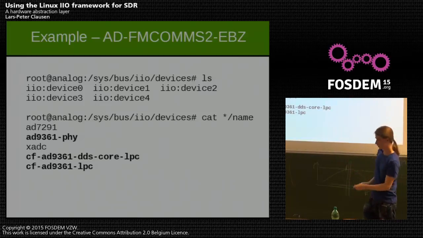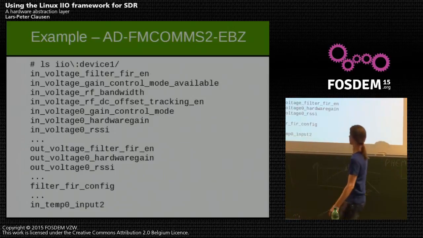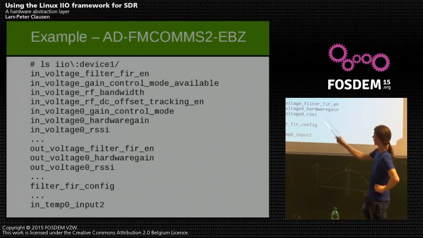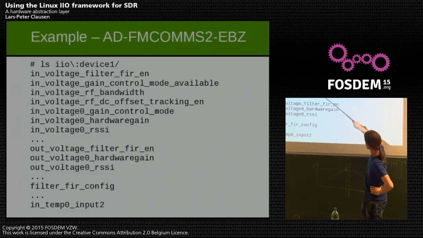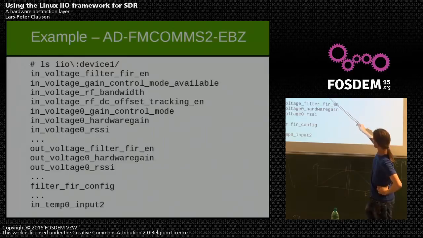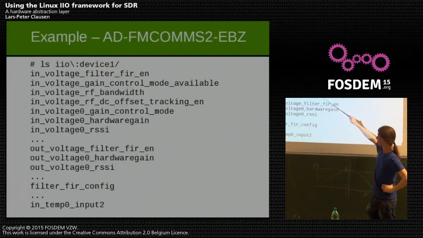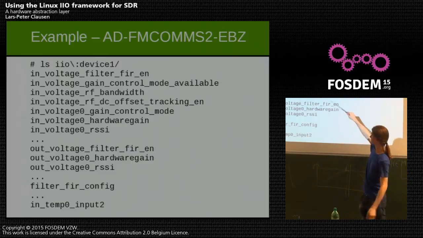And so let's quickly take a look at how this looks for the device. So this is the AD9361 device, and this is what I was talking about earlier. You have channels in voltage, and the channels have all kinds of different attributes. What you can see is if a certain kind of attribute is shared between all instances of the channels, you don't have this index.